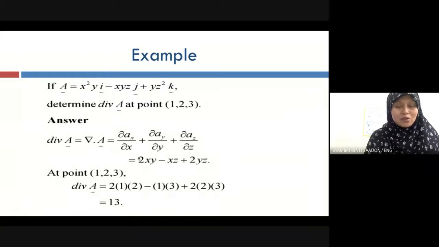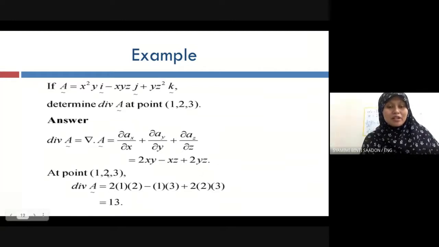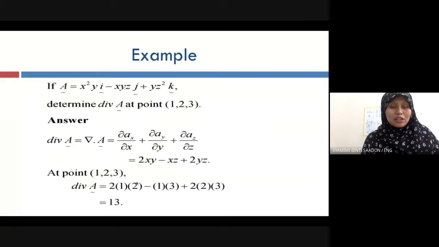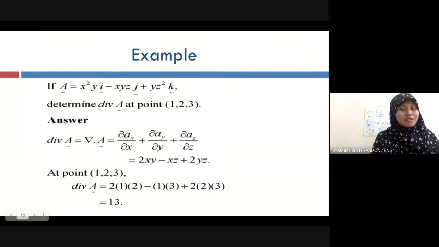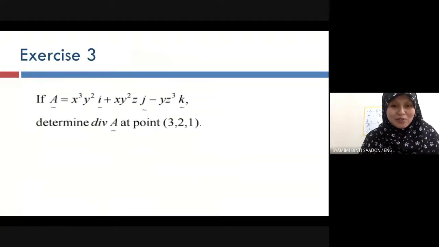The first component, we derive in terms of X, so we imagine this Y is like a constant, so only 2XY. This one we derive in terms of Y, so copy back negative XZ, and the rest. And then substitute the value 1, 2, 3 inside this. So we have the answer of the divergence A is 13. I hope you get it.